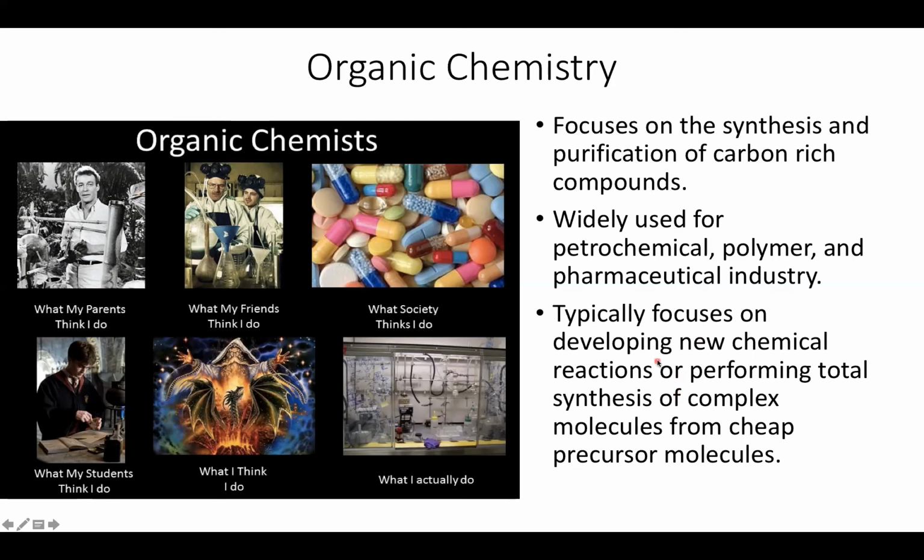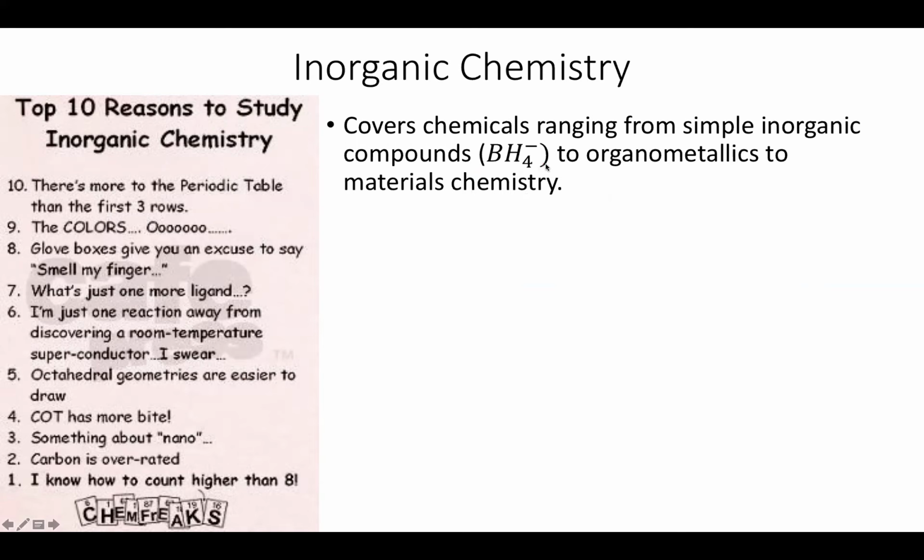However, it turns out the world is not just made of carbon. And that brings us to inorganic chemistry. This often is going to go from simple inorganic compounds, such as carbonates and CO2, to reagents such as borohydrides, but it's also going to include organometallics. This is where I have a metal center surrounded by a whole bunch of organic linkers.